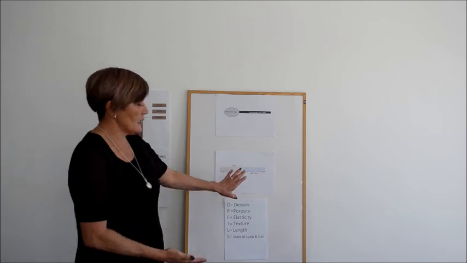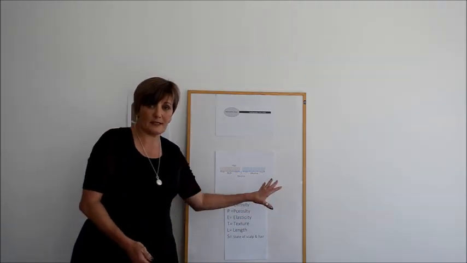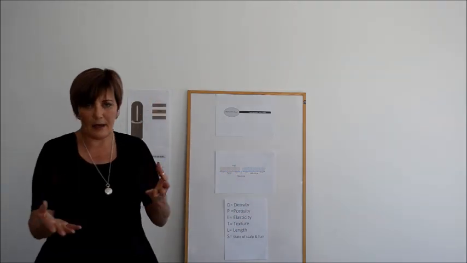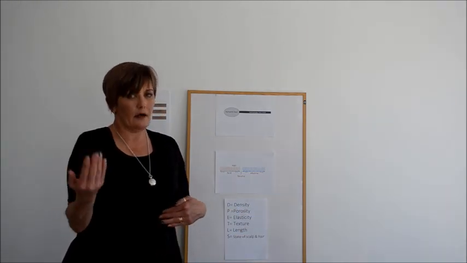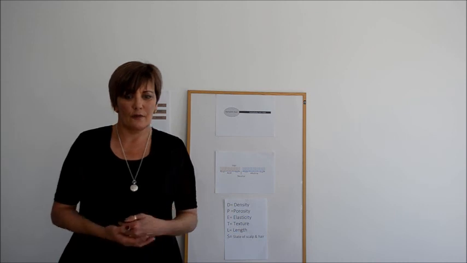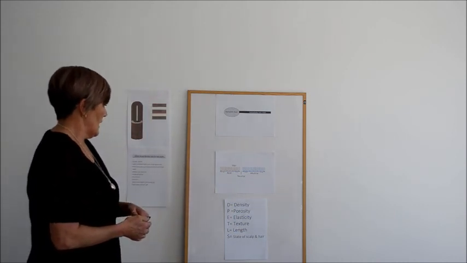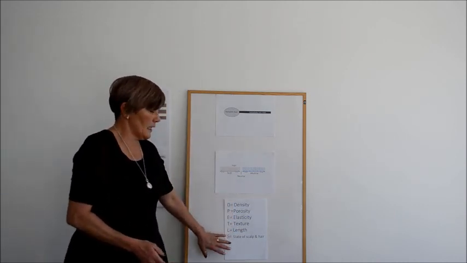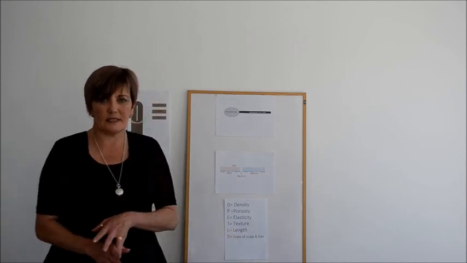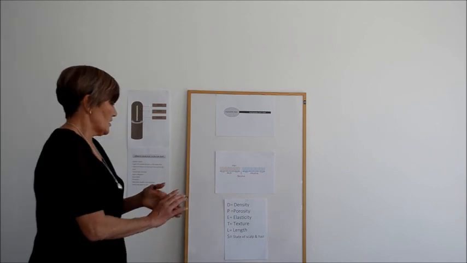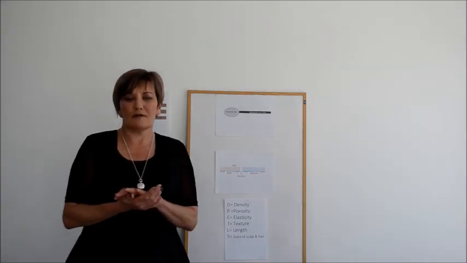We've looked at our pH scale, what it measures, acid and alkaline, how that impacts on our shampoos. Acid shampoos are gentler, alkaline shampoos are harsh. We've also looked at the characteristics of the hair and scalp, the petals, density, elasticity, porosity, texture, length and the overall state of the hair and scalp.